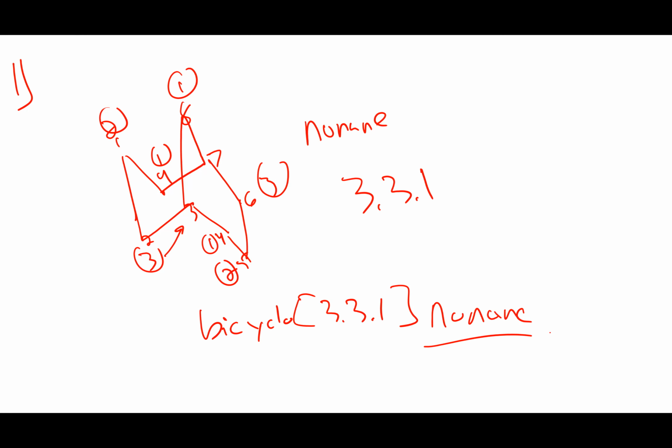Hopefully everyone saw how we got 3, 3, 1. Remember, in this case, we put the larger number in front when we have these bridging carbons. I'm going to leave that up.